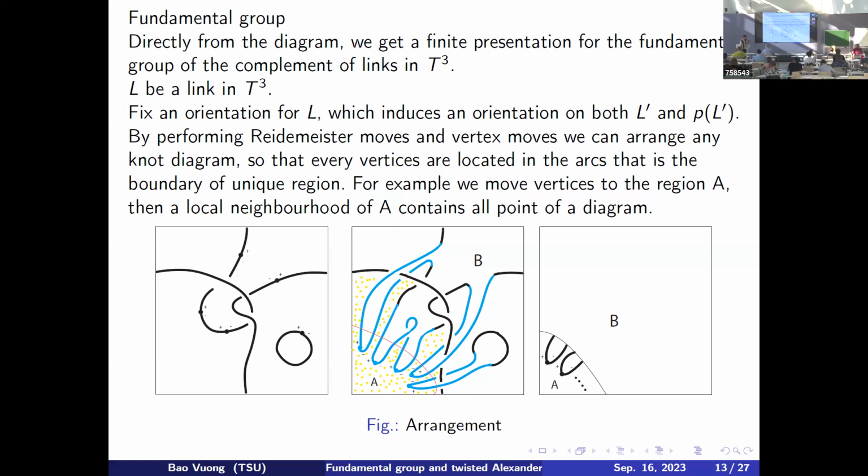Okay, as usual, we assign arcs of the diagram a letter, and it will be a generator of the fundamental group. But in the case of the three-dimensional torus, where we use this combinatorial model, it creates some ambiguity: the assignment of arcs in this type of diagram will not be well defined, because it is cut by the vertices.